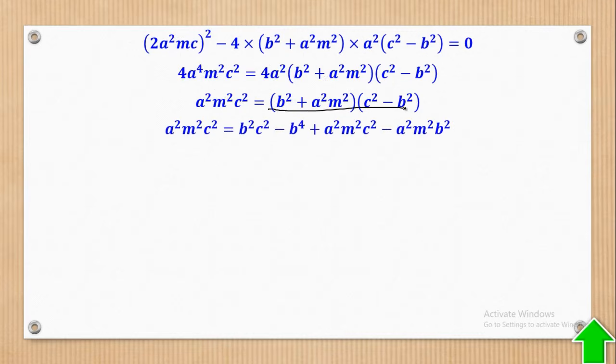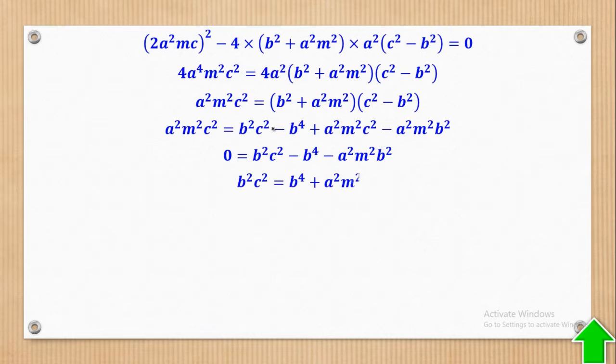Then next is to open these two brackets to come up with this. Then from there realize that this and this can cancel. That's why here there is 0. And here this remains, and that remains. Then you can take these two this side to come up with this. Then from there realize that b is common, so this can cancel with this and also reduce this by 2.